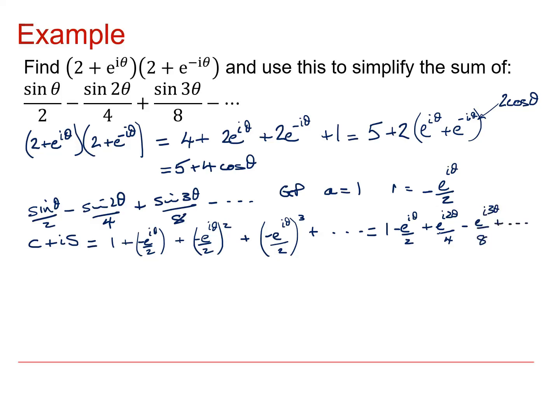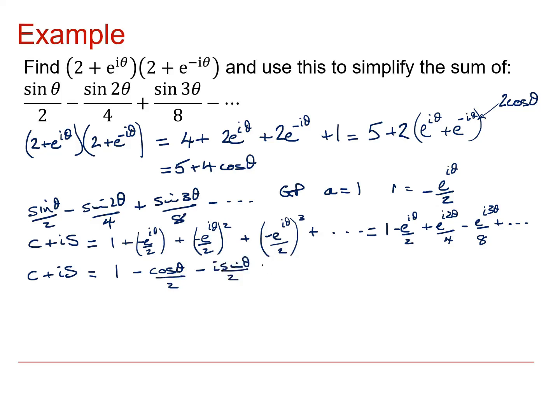And so now, expanding the e to the i theta things, we're going to get that C plus iS is equal to 1 minus e to the i theta, which is going to give me cos theta over 2 minus i sine theta over 2.